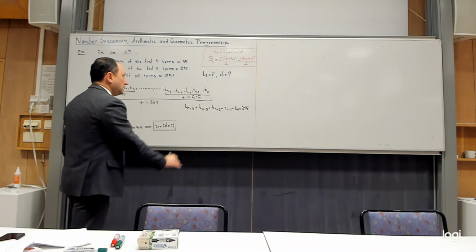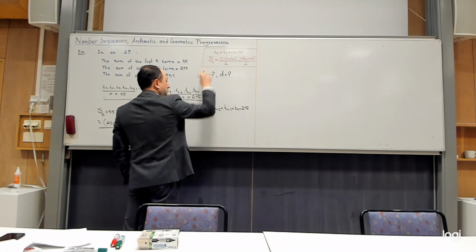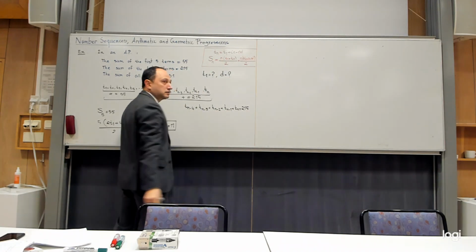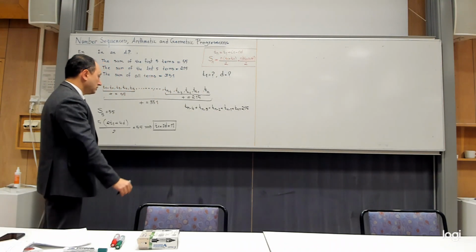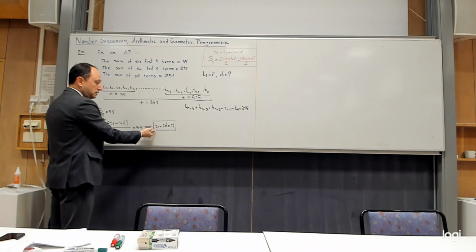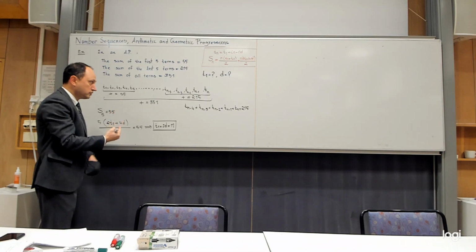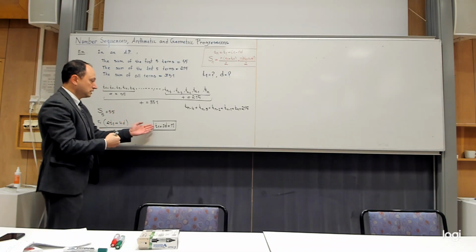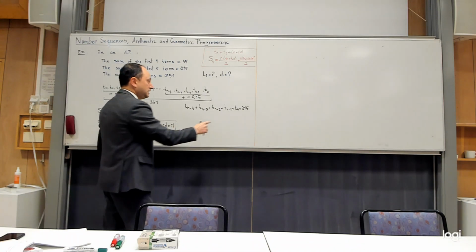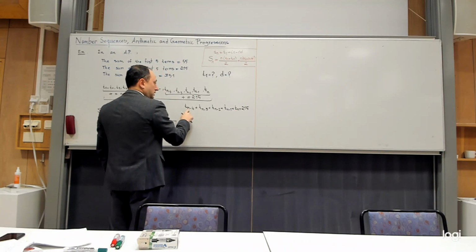Yes? But then I can use this formula for this, and that. Because my goal is to find another relation between T1, D, and N. I have 3 unknowns and 3 equations. So this is one of my equations.